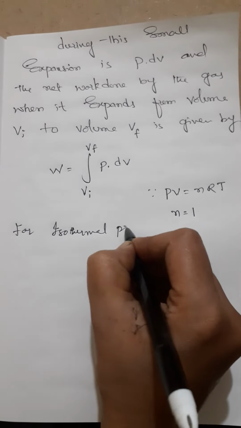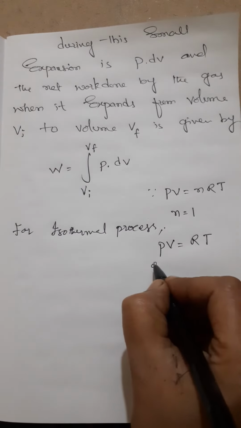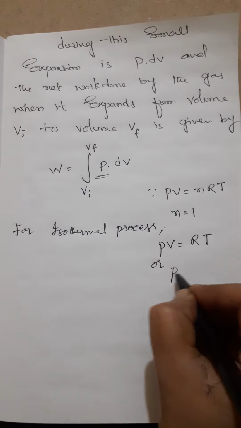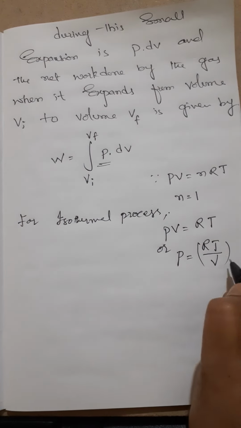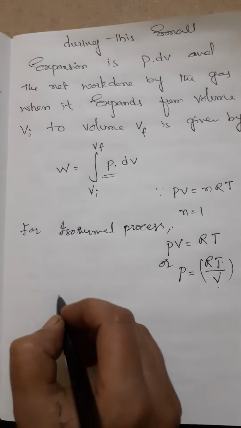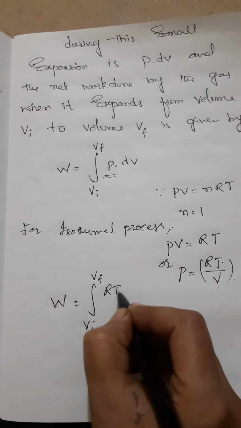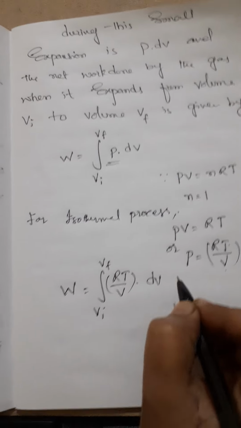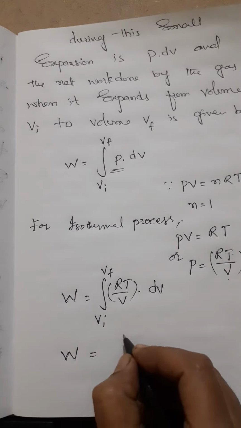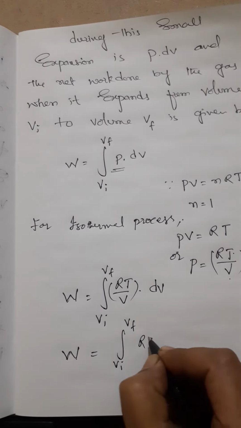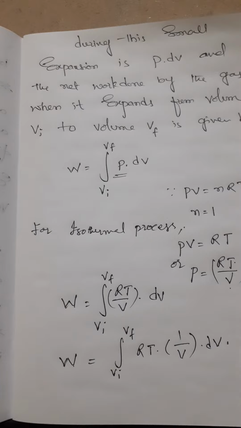We need the value of P, so P is equal to RT by V. In place of P we can substitute the value RT by V. Therefore W is equal to the integral from Vi to Vf of RT by V dV, which we can write as the integral from Vi to Vf of RT into 1 by V into dV.